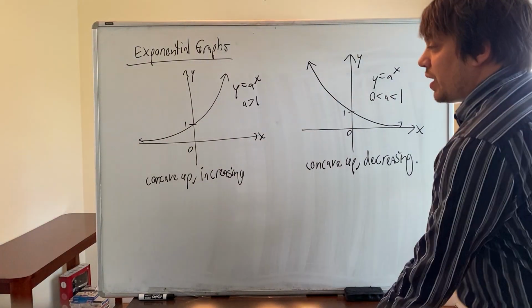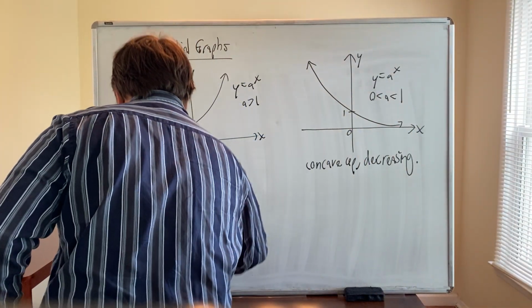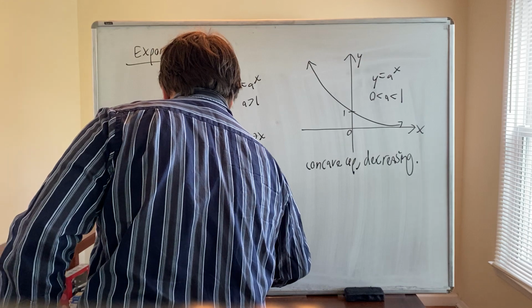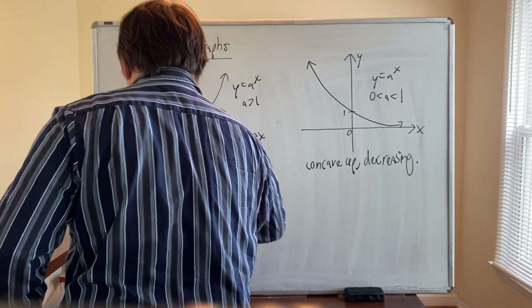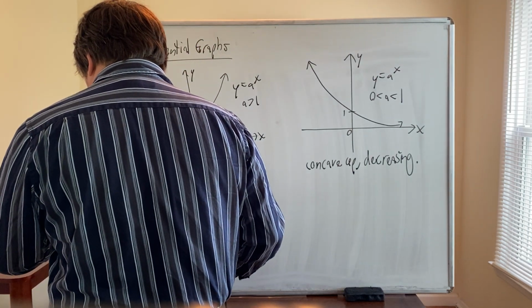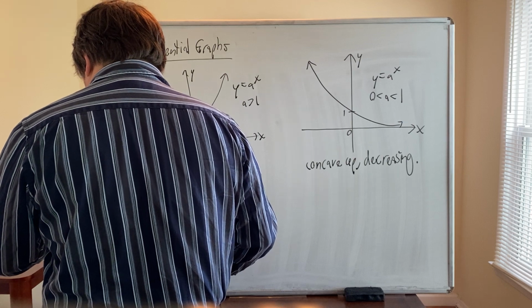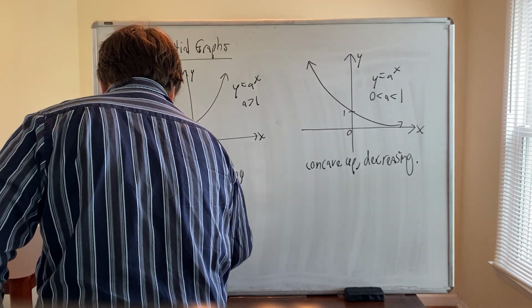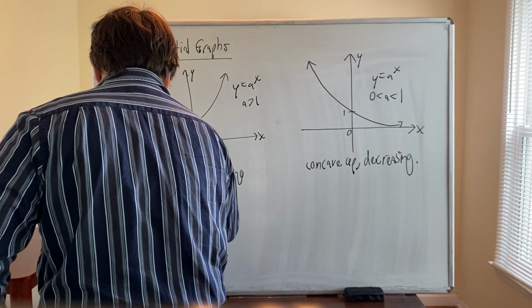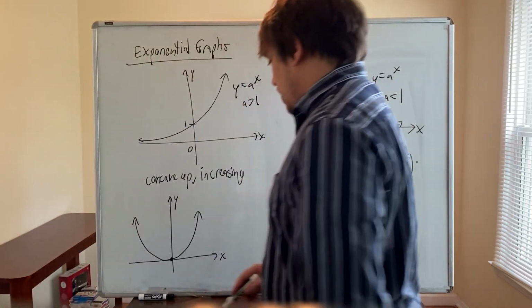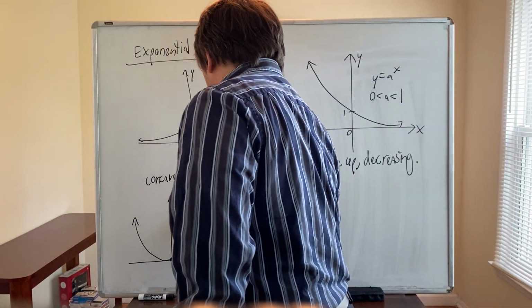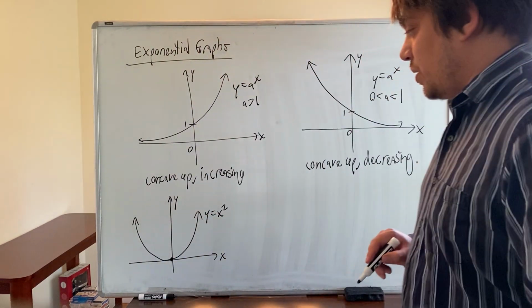Now if you look at the way the exponential graph looks compared to a power function, you'll see how much faster it grows. So for instance, this is what y equals x squared might look like, going through the origin. So let's say this is y equals x squared.